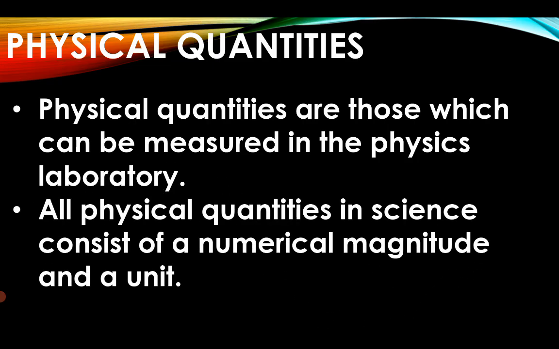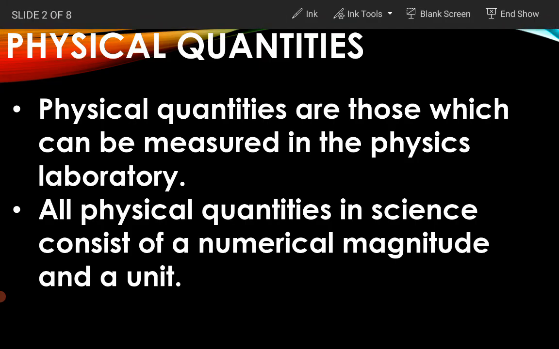So all physical quantities consist of a numerical magnitude and a unit. Anything you measure in the lab must have a numerical magnitude. Numerical magnitude in this case simply refers to a number. Let's suppose that you're measuring the mass of a bag of sand, and you found that it's 4 kg.